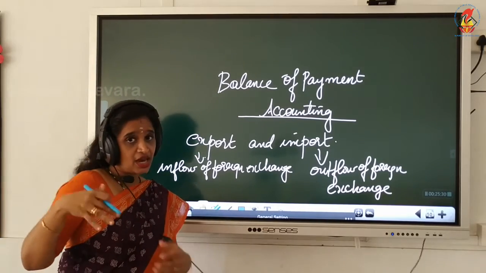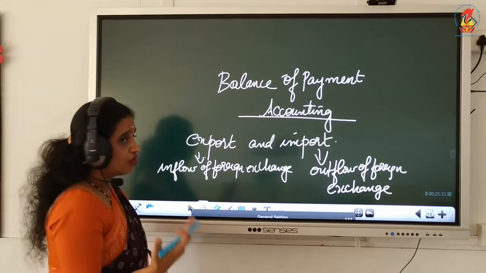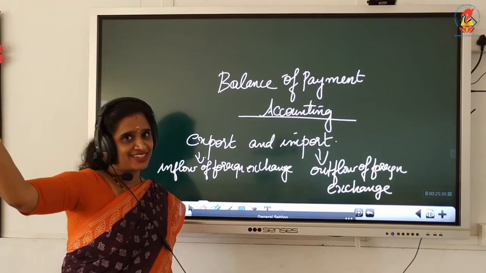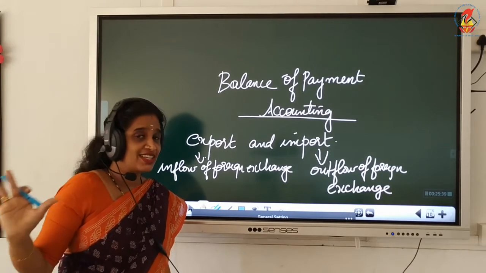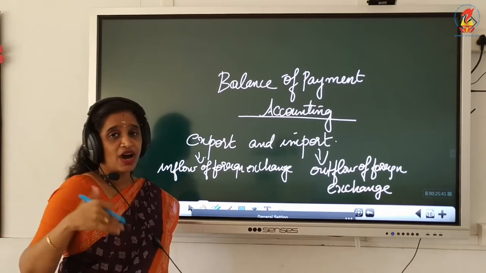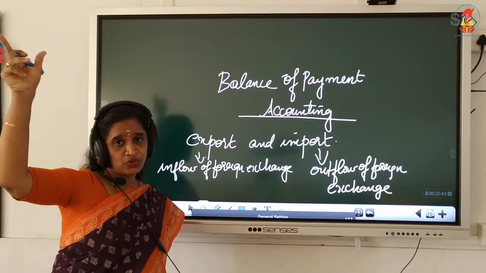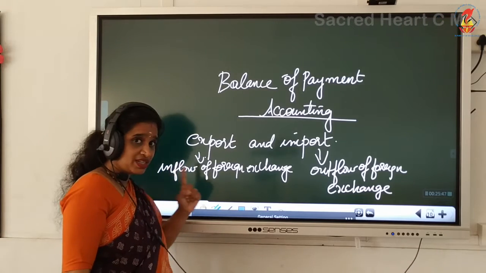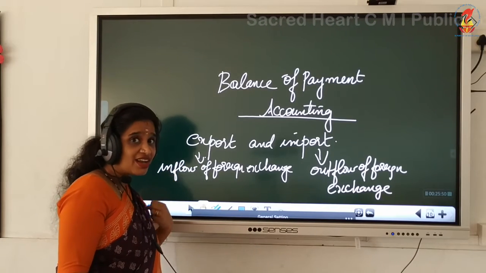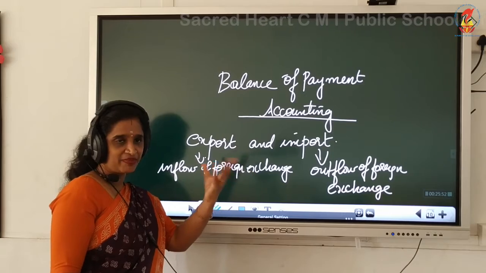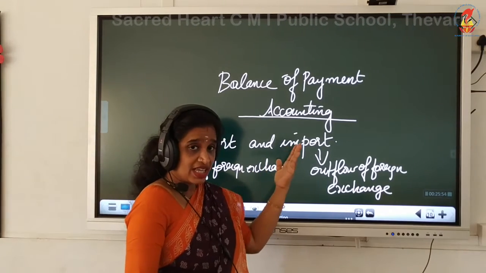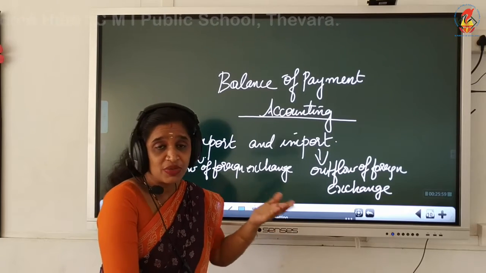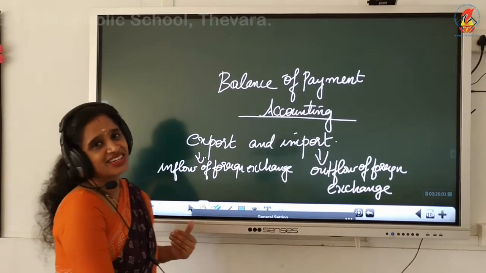Anything other than the domestic currency is known as foreign exchange. So our money is foreign exchange for those countries which are receiving it. Through export there is inflow of foreign exchange. We are getting money for the goods that we are selling. For import there is outflow of foreign exchange. We are paying for the goods that we are buying from other countries.